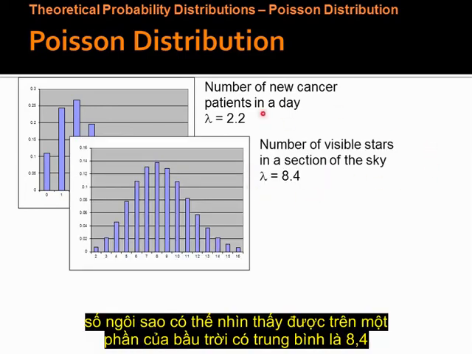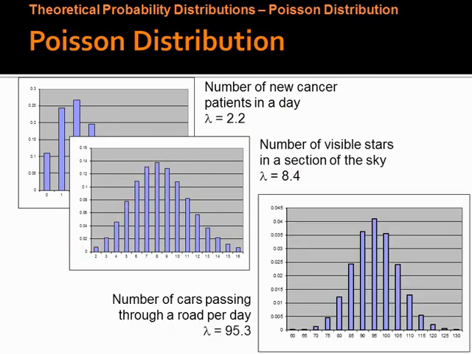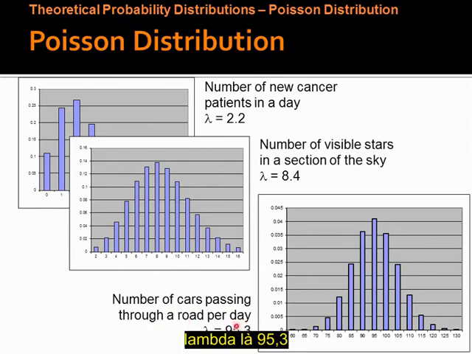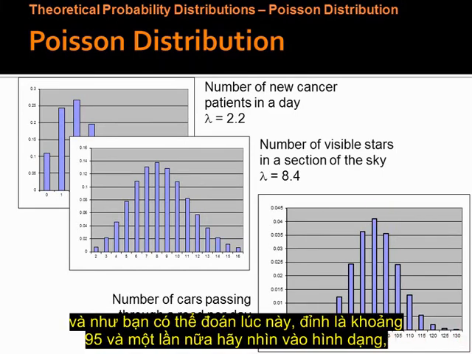However, unlikely. So anyway, mean is 2.2, so notice that the peak is around 2.2. Number of visible stars in a section of the sky, mean is 8.4. Once again, you look at the peak here, it's around 8. Number of cars passing through a road per day, this probably would no longer be considered a Poisson distribution, but just for argument's sake, let's show it. So 95.3, and when we plot it, the x-axis is the number of occurrences, and as you can guess by now, the peak is around 95.